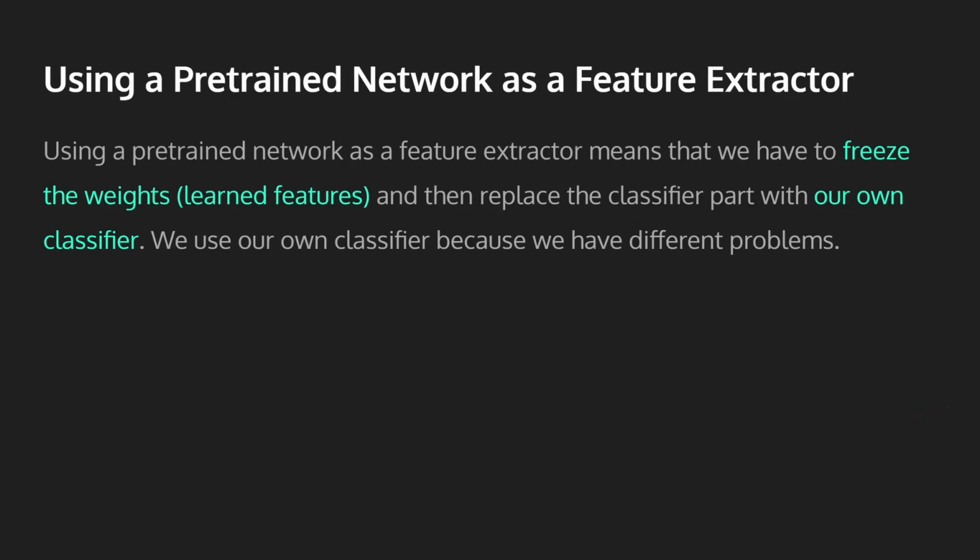Now let's talk about using pre-trained network as a feature extractor. If you watched my convolutional neural network video, you know what features are. So basically, using a pre-trained network as a feature extractor, we're using the feature extraction part of the pre-trained model, and then we might change the classifier or output layer and the input layer, and then we freeze the weights, which means the learned features, and then replace the output, right?